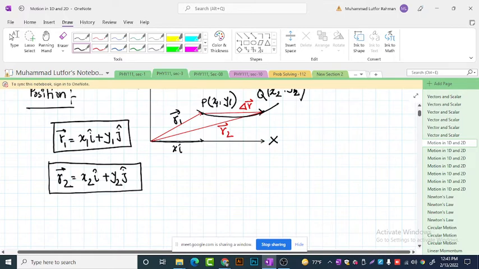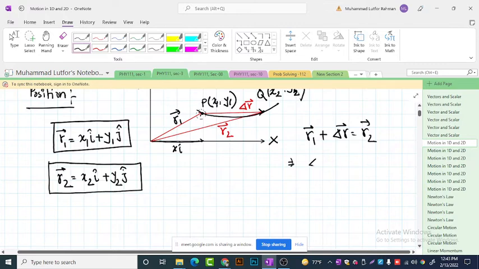If you closely observe at point P, the head of r1 is connected to the tail of del r. Then I can write r1 plus del r gives r2.